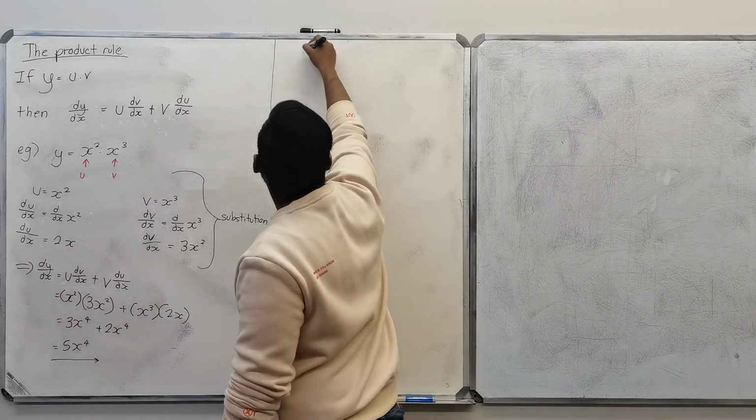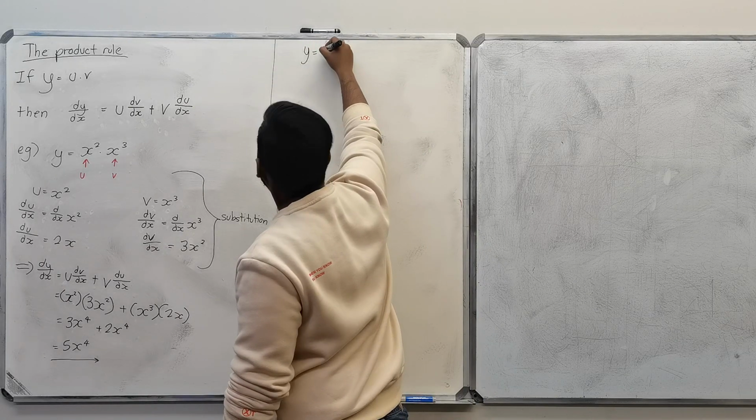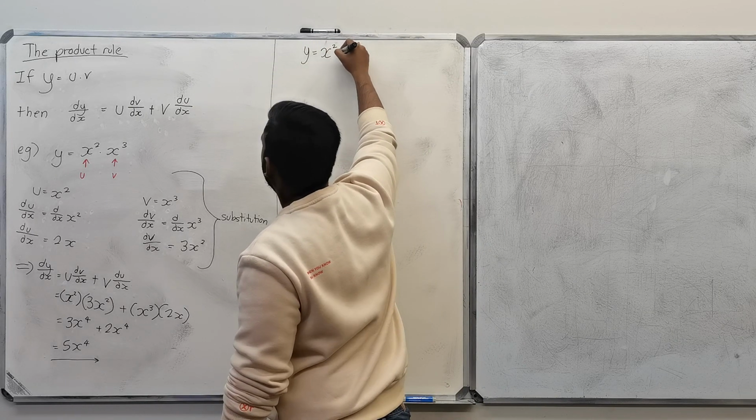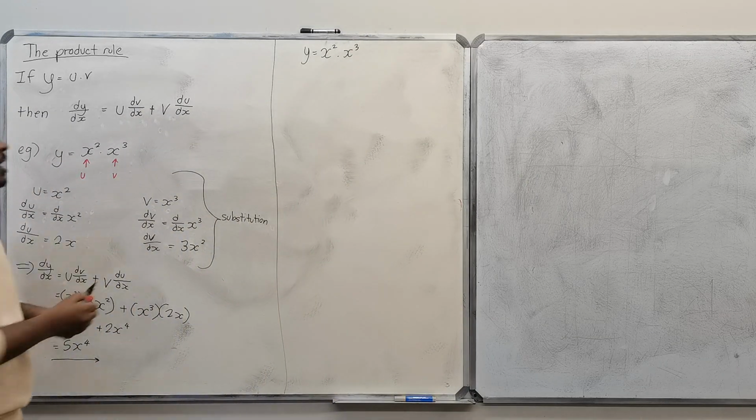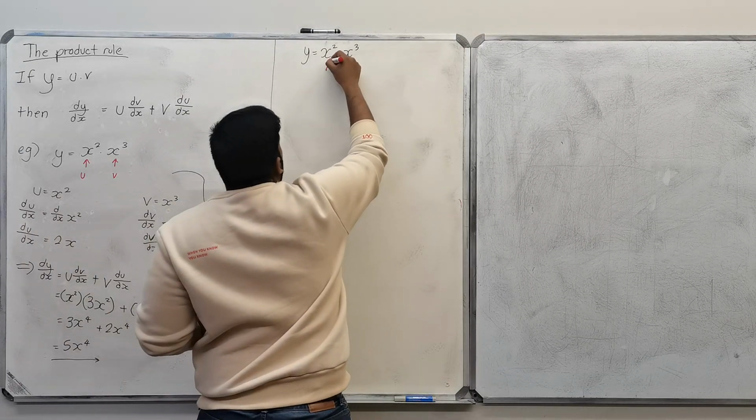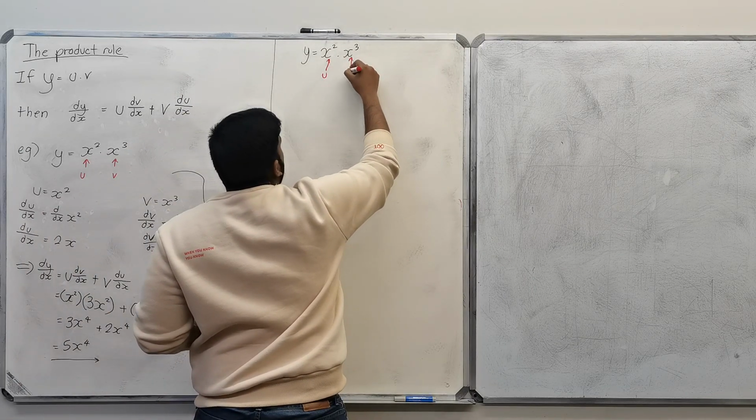See, your equation was y is equal to x squared times x cubed, and I said that is u and that is v.